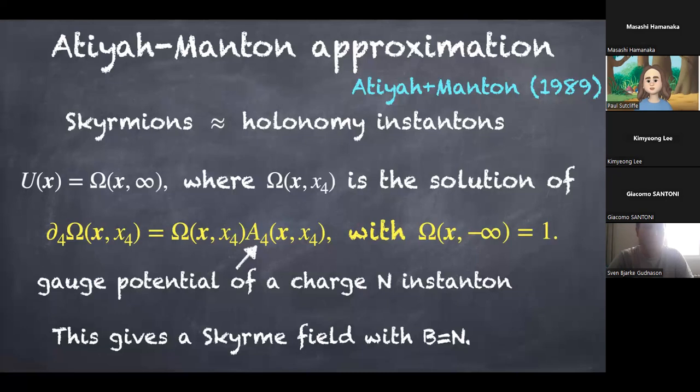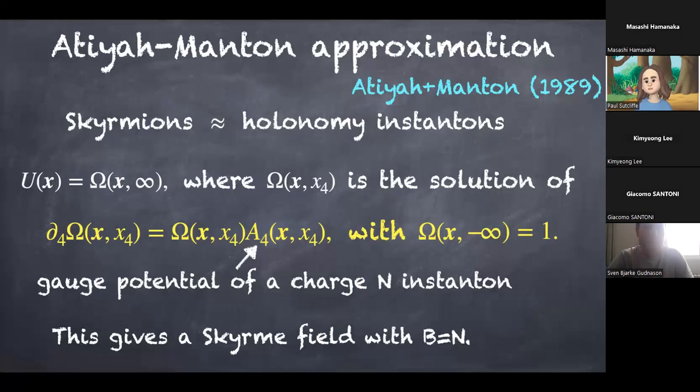You solve along a line in X4, this differential equation for omega, for this holonomy, where you're starting at X4 equals minus infinity with omega being the identity matrix. That's your initial condition. And then you solve this differential equation along the X4 line till you get all the way to X4 equals plus infinity. And then the omega at that point is what you identify with your Skyrme field.